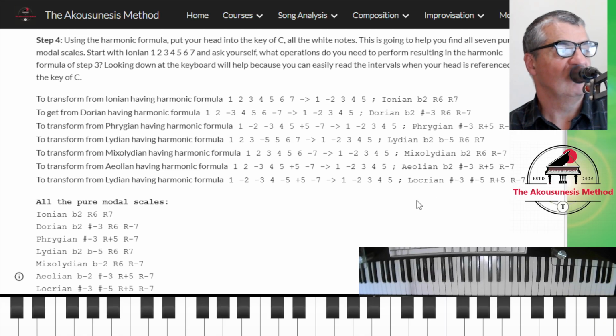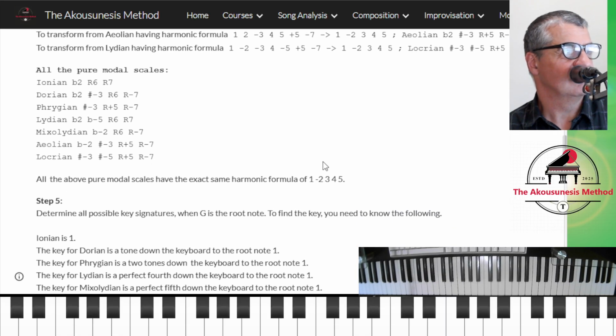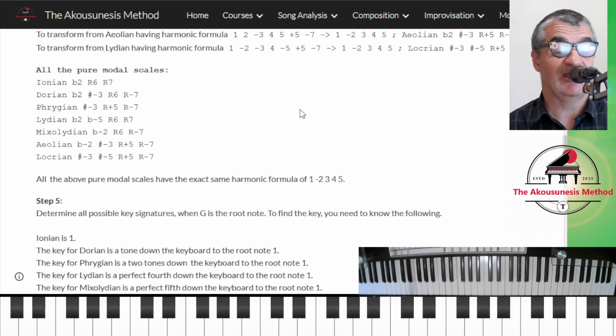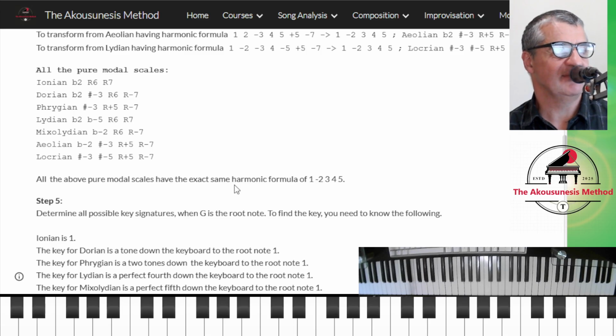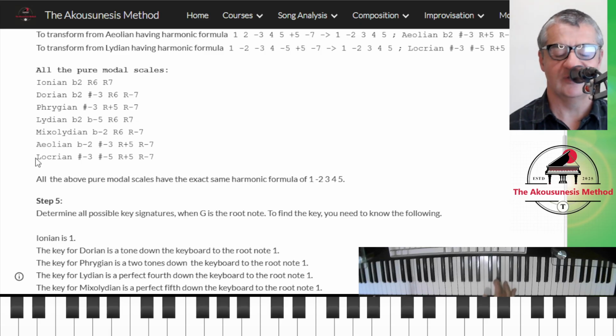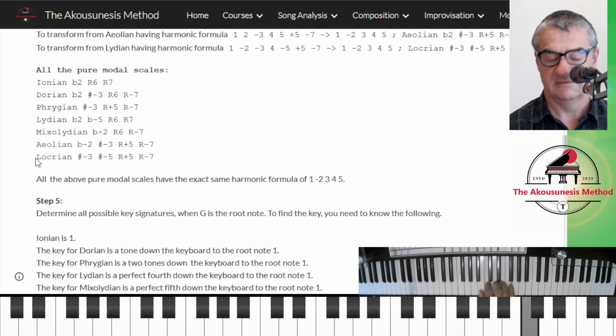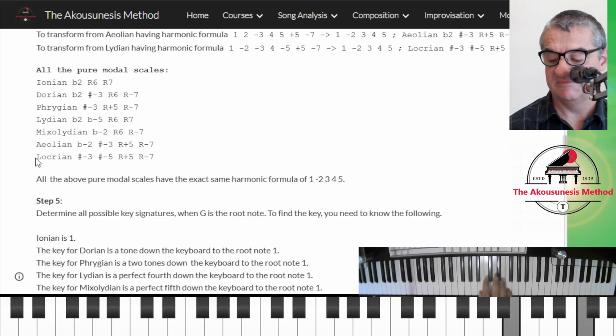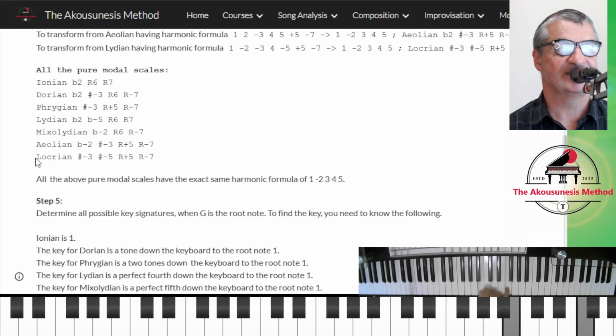So we call these pure modal operations. Now, if we just put our head back in the key of C and examine these, right? We have Locrian. We know what a Locrian is. We can just play from C to C. And if we're going to remove the +5 and -7, see the Locrian has that -5 there.